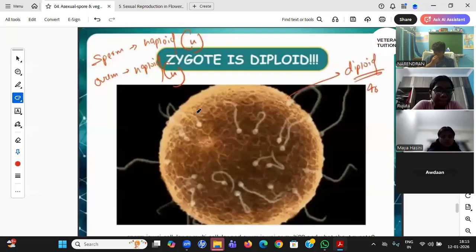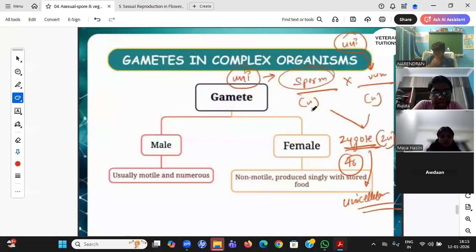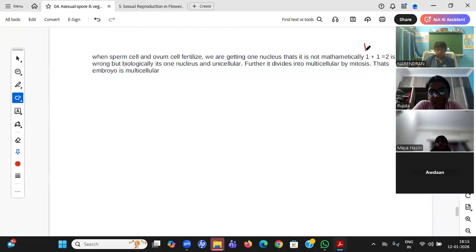So you see, students, it's not like maths. In the sperm cell, one nucleus is there, and in the ovum, one nucleus. They both mix, but you don't get two nuclei. It still has one nucleus. Why? Because the sperm cell has 23 chromosomes and the ovum has 23. They both mix and give 23 pairs, which is nothing but diploid.